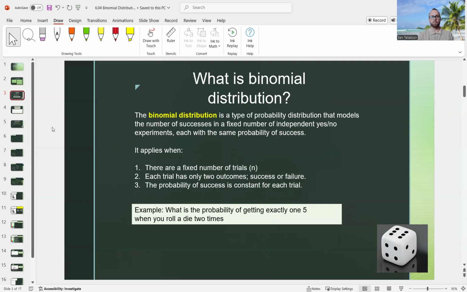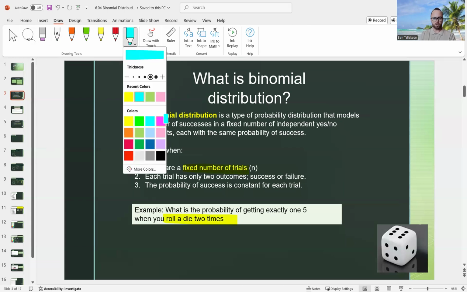Here's an example. What is the probability of getting exactly one 5 when you roll a die 2 times? Is there binomial distribution happening here? There is. They told us we're going to roll a die 2 times, so that is a fixed number of trials.